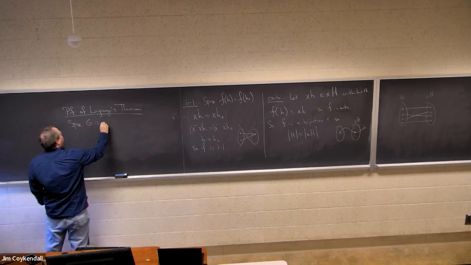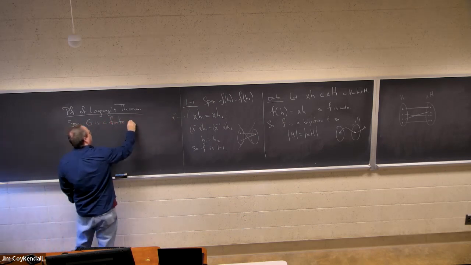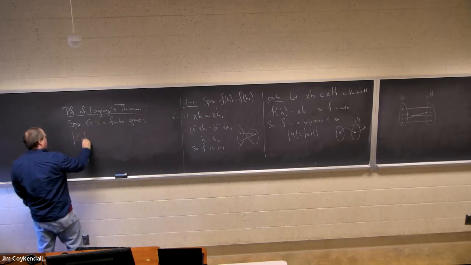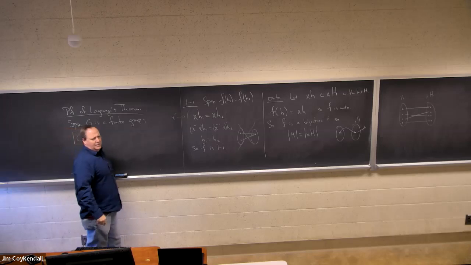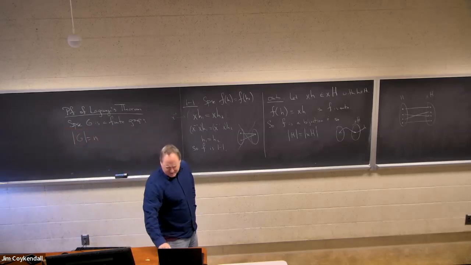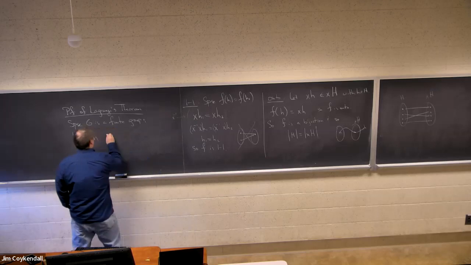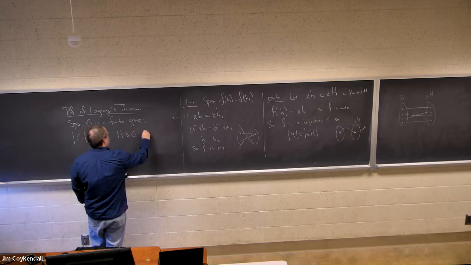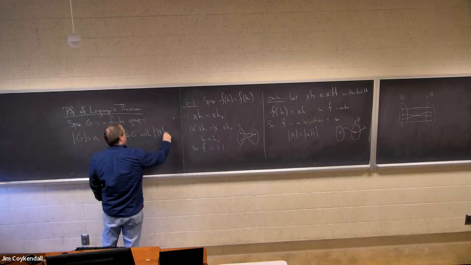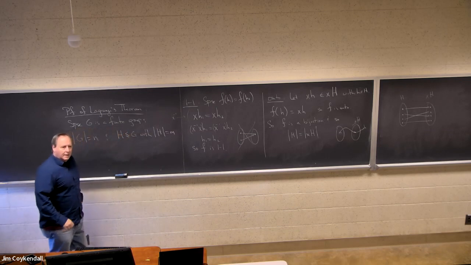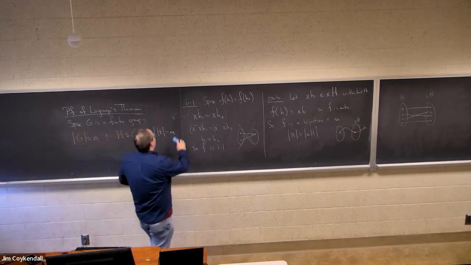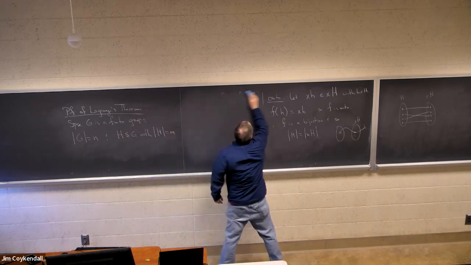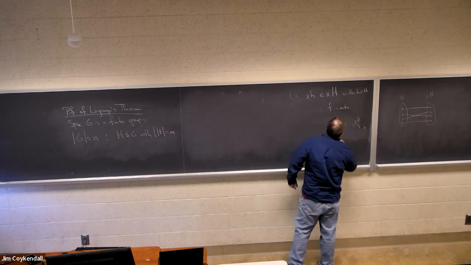Suppose G is a finite group, and the order of G is n, so it's got n elements in it. Now let H be a subgroup of order m. Of course, a big part of proving this is showing that m divides n. So that's part of the statement of Lagrange.